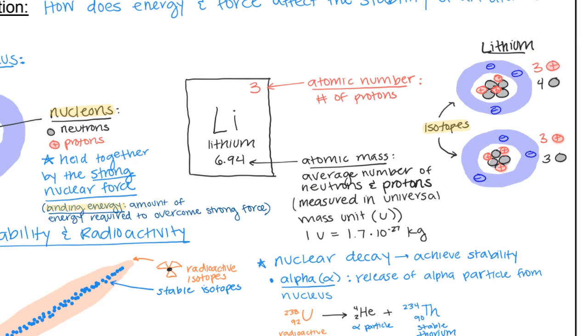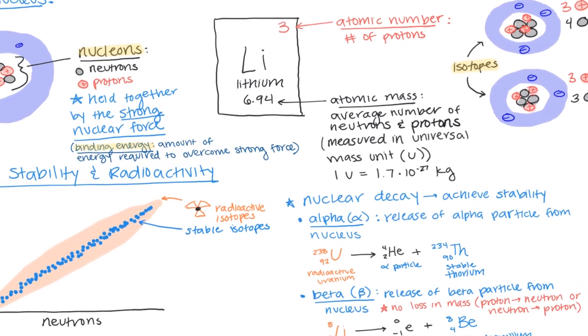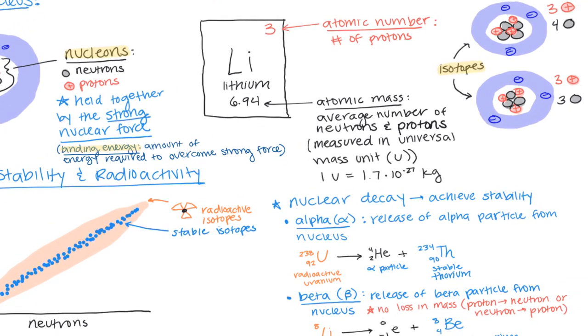The last thing I will point out related to atomic mass is that it is measured in a universal mass unit, which we represent with the lowercase letter u. When we're counting up the number of protons or neutrons in an atom, we're measuring that mass in the universal mass unit instead of kilograms.